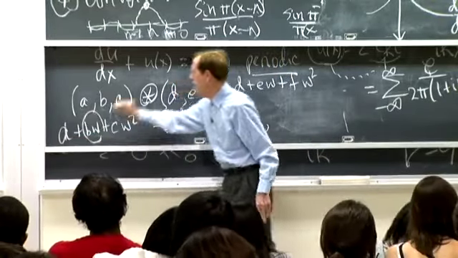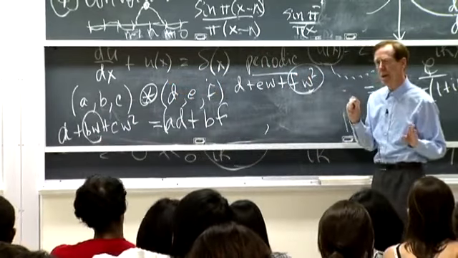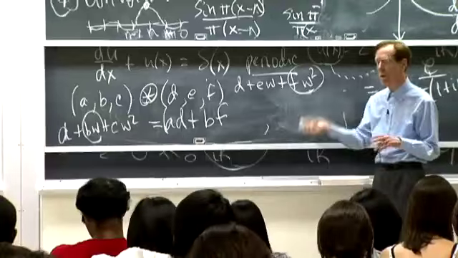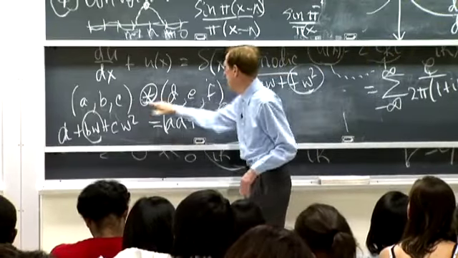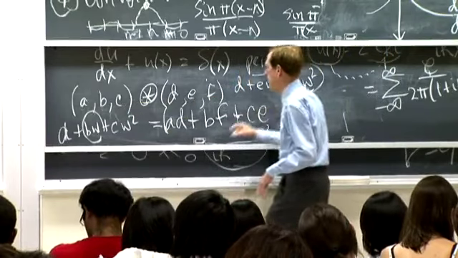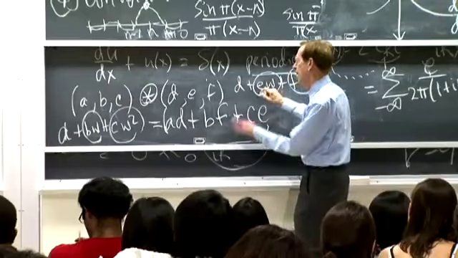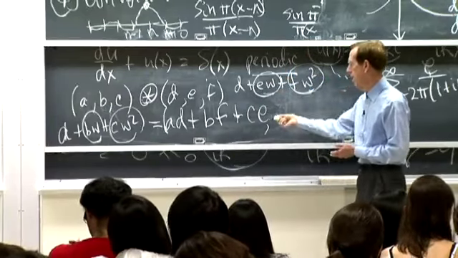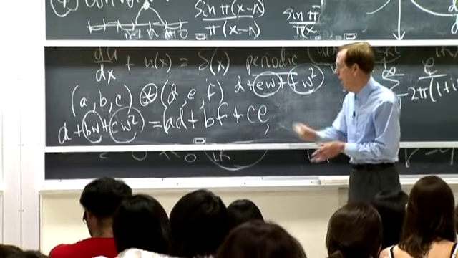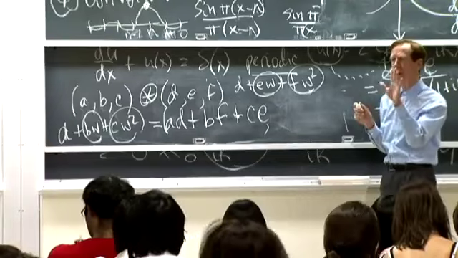BW times FW squared gives me W cubed, which is the 1. So the BF here, and then there's a CE, because CW squared multiplying EW gives me W cubed, the 1, which folds in. Okay, so anyway, that's a quick reminder of cyclic convolutions.